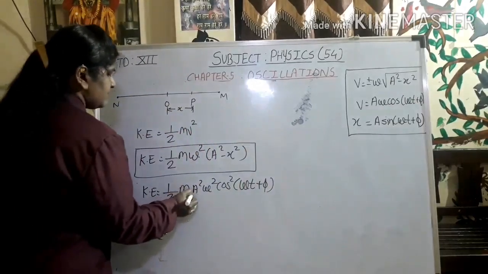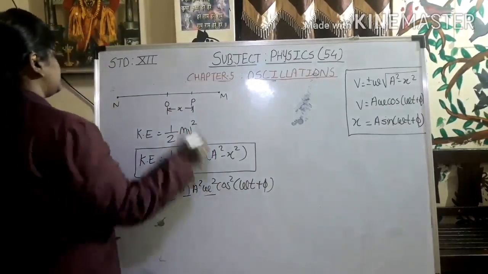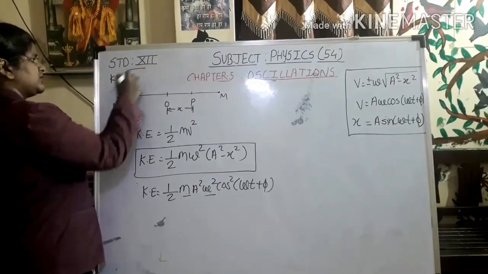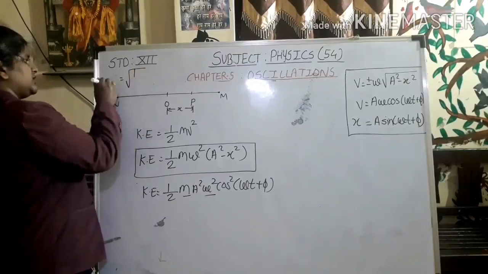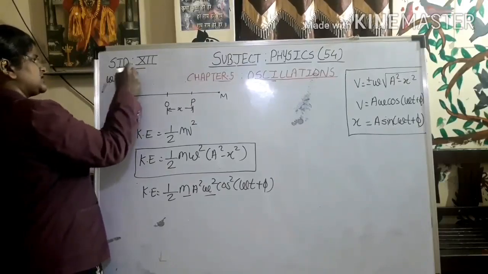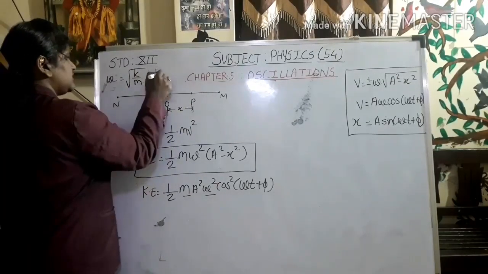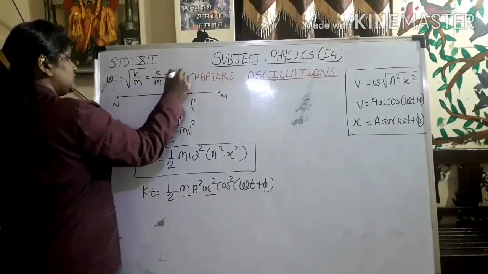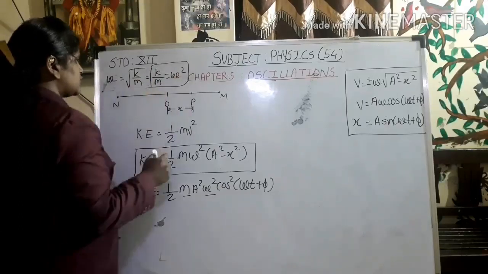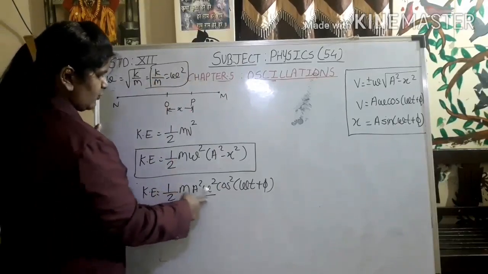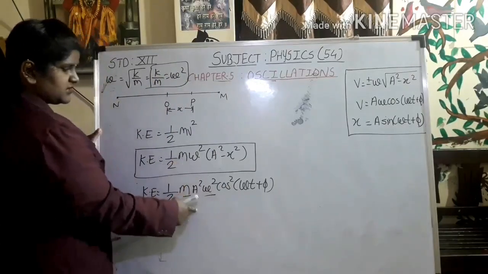What is m omega square? As you remember, omega is nothing but under root k by m. If we square both sides, we will get k by m is equal to omega square. So what will be m omega square? It will be k. M omega square will be k in this and in this also.